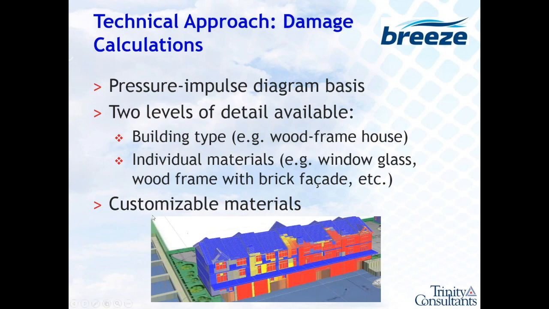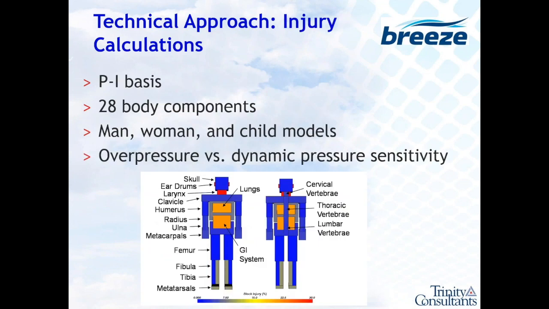You also have the ability to customize those materials if you have something unusual, like extremely thick reinforced concrete that you might use in an area that's prone to explosions, something along those lines. Injury calculations are done on a similar pressure impulse diagram basis, so you can place model people anywhere in the model that you wish, and ExDAM will simulate injury to 28 different body parts in each person.